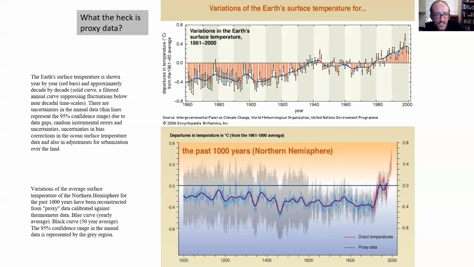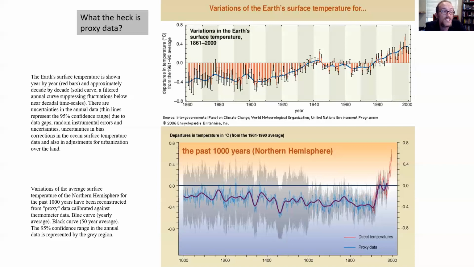The uncertainties. Why are there uncertainties? There are data gaps we might not have had because, for example, during World War II, we might not have had global coverage. Makes sense that we wouldn't. We had other priorities, random instrumental errors, and uncertainties. For example, people that have their thermometers next to concrete buildings, etc. Then there are uncertainties and bias corrections. So when we're attempting to filter out some of those extreme short-lived changes, there are uncertainties in our ability to do that.